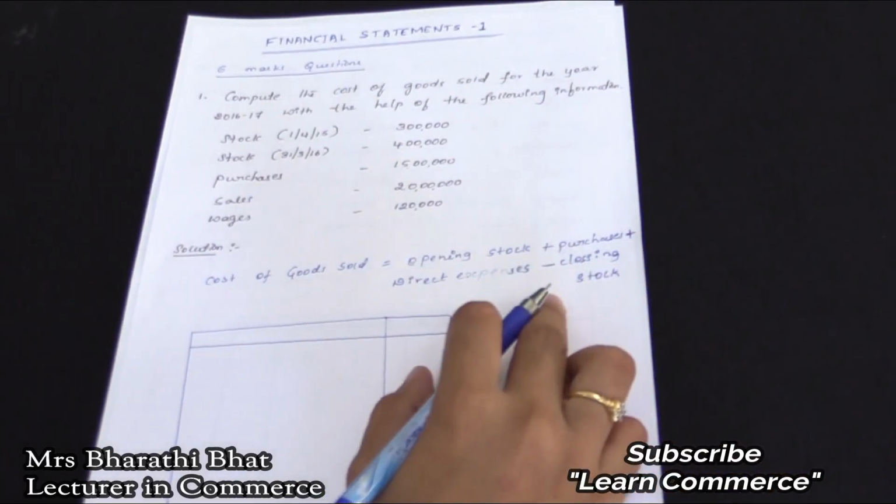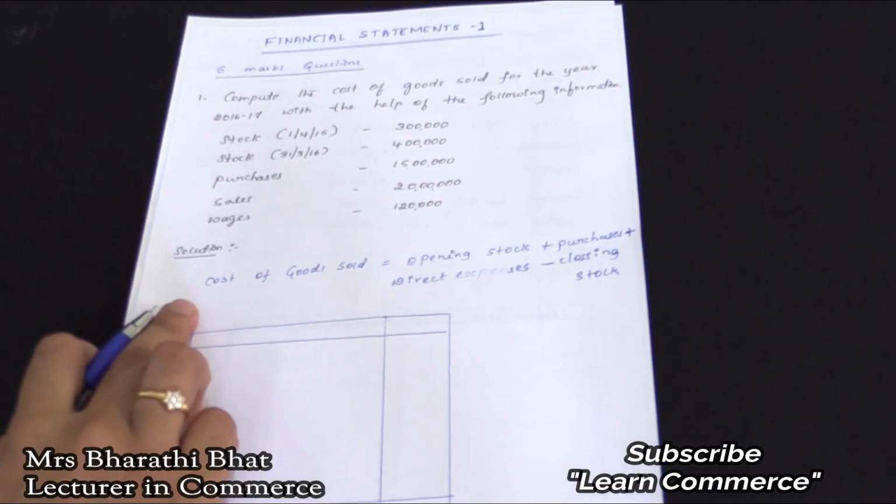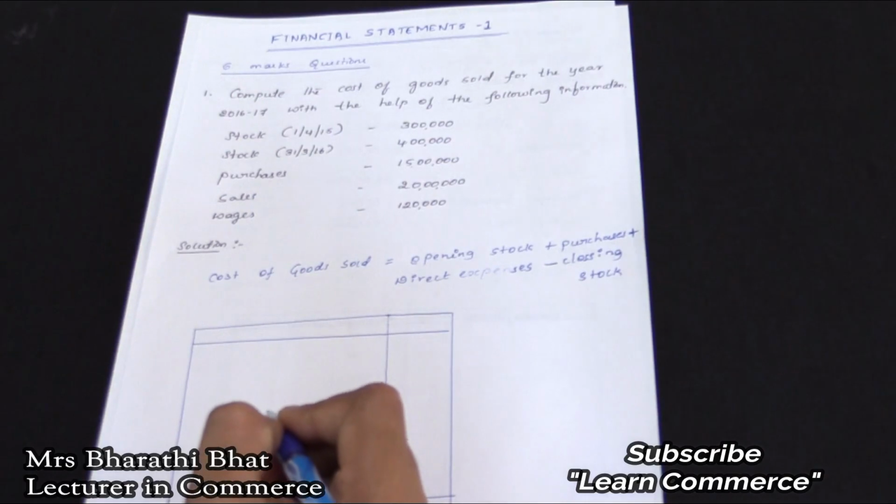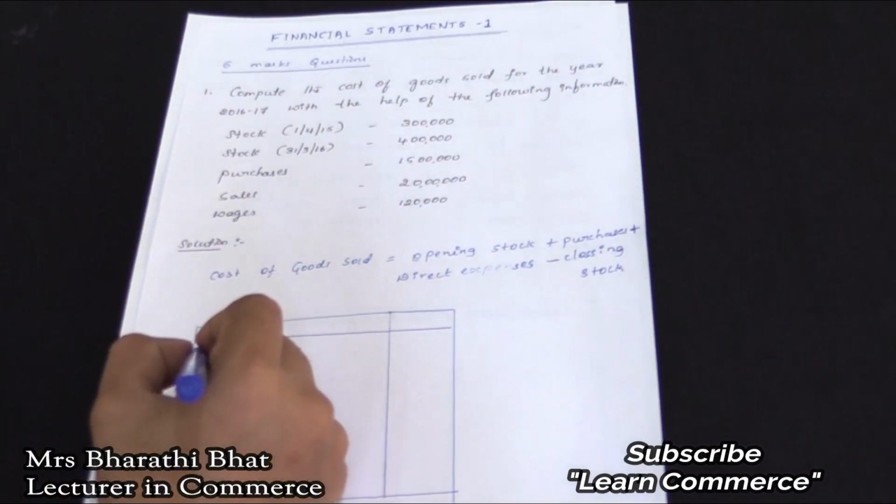So this is the formula to calculate the cost of goods sold. We can find the exact amount of cost of goods sold in this way.